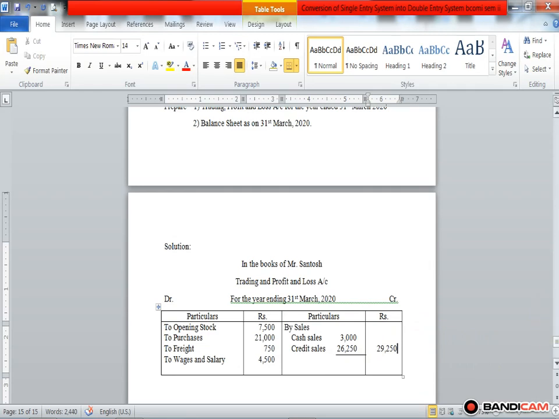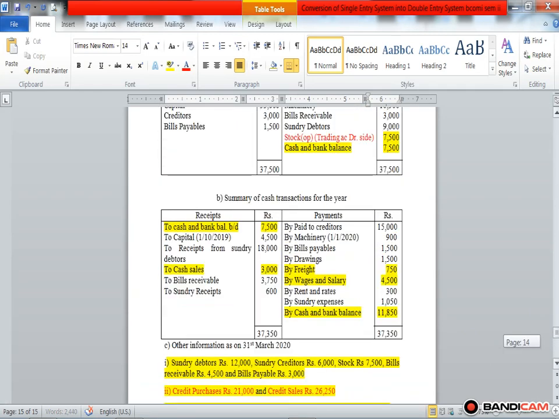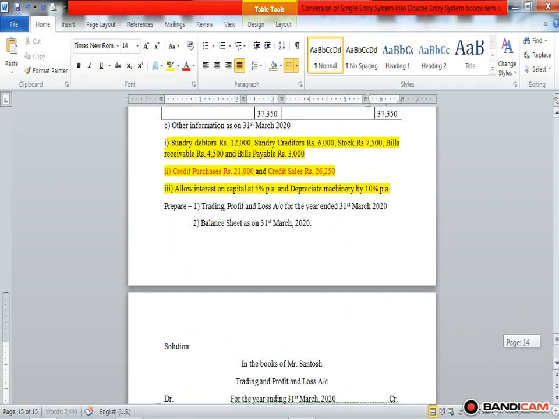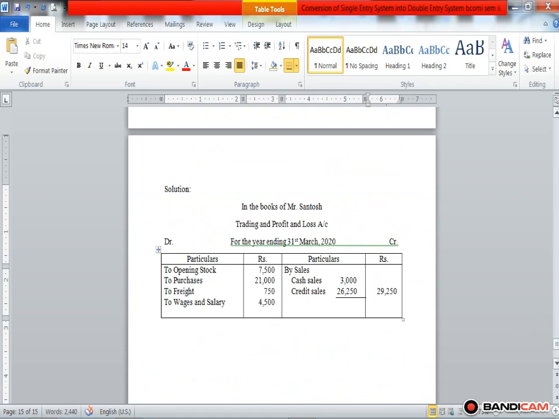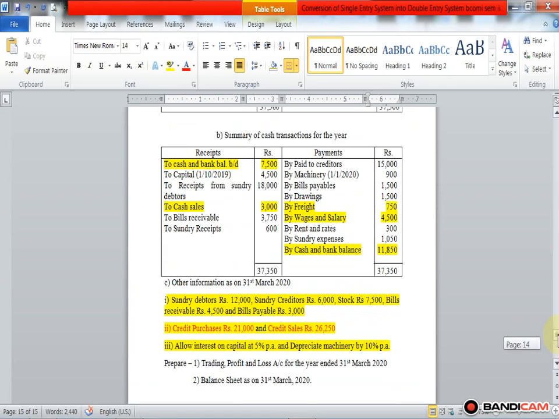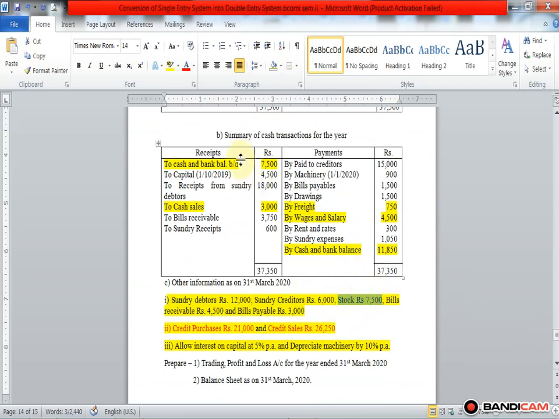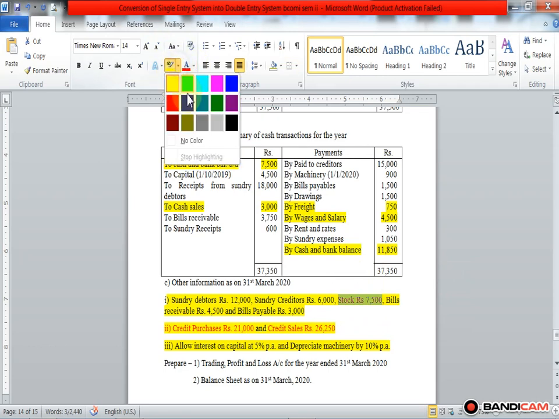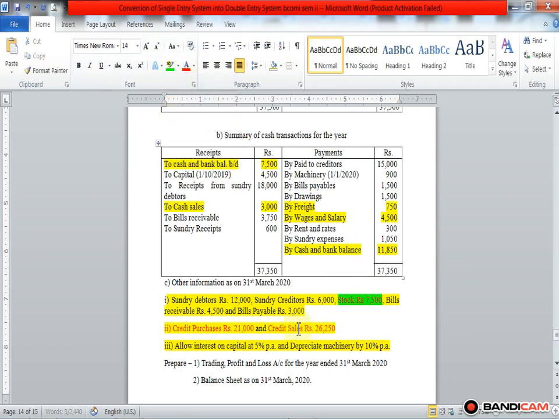Then on trading account we write the closing stock. Find out the closing stock, which is given to you in additional information, that is here. Closing stock amounted to rupees 7,500.